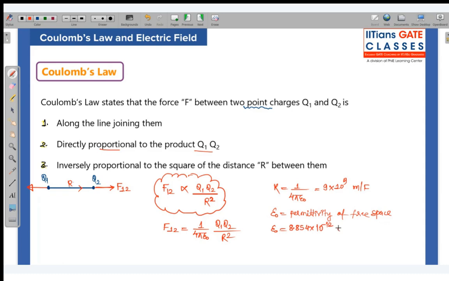So 8.854 × 10 to the power minus 12, or 10 to the power minus 9 divided by 36 pi, farad per meter. Absolutely correct. So I wanted to see how many of you are going to pick this particular point, that the epsilon naught value I had written was incorrect.